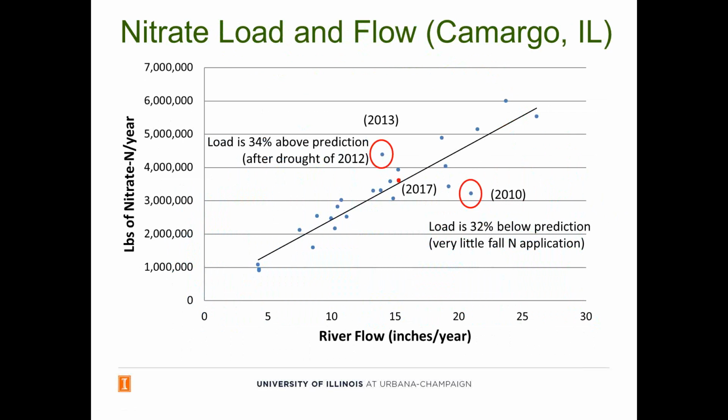And if things were getting better, if conservation efforts were changing things, we would start falling off the line. Our load values would be down in here, and yet 2017 falls right on the line. In fact, that suggests that I wouldn't have needed to sample 50 times, or however many times we sampled in 2017. I could have used the equation based on the 15 inches of flow. I could have predicted that load, but we went through the effort to make sure that that is the case.